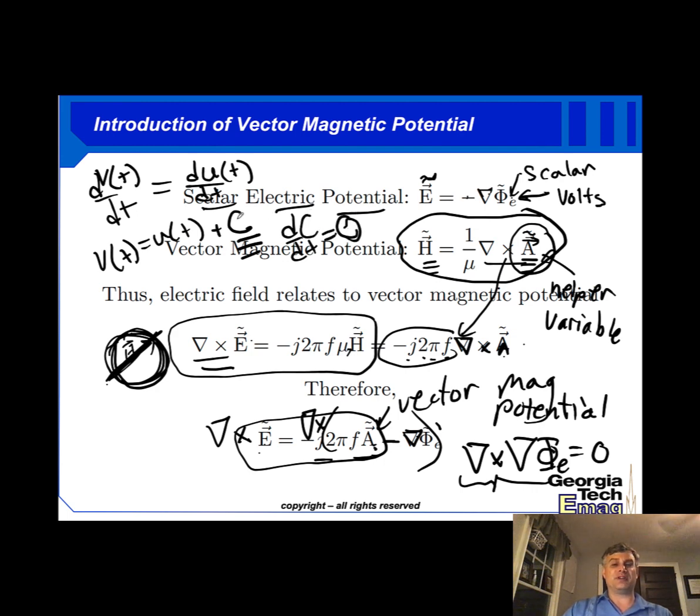As long as the time derivative of the constant is 0, then I could add whatever c I want to this system and still make this original differential equation hold.